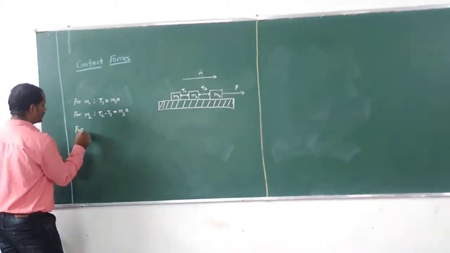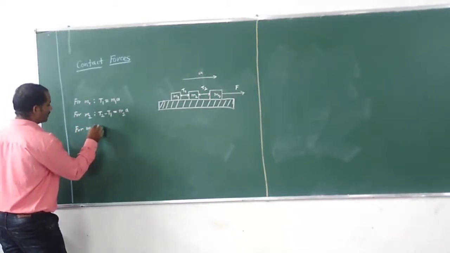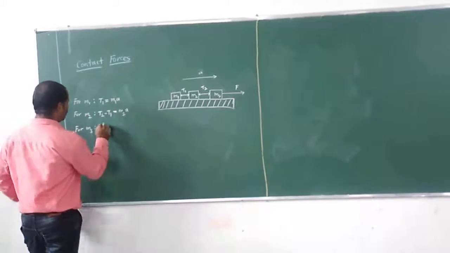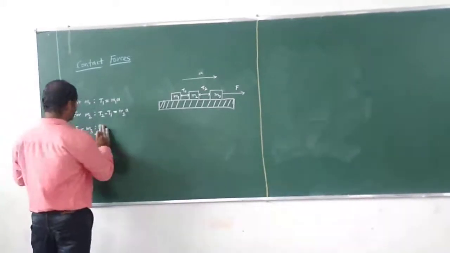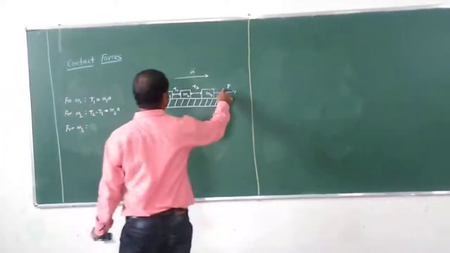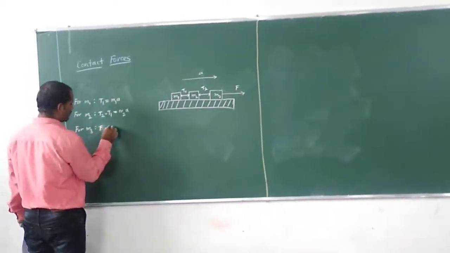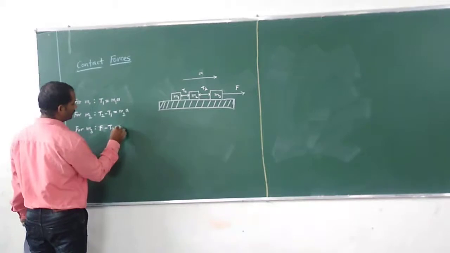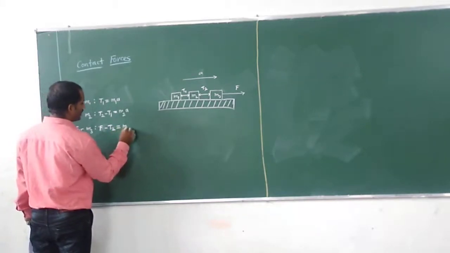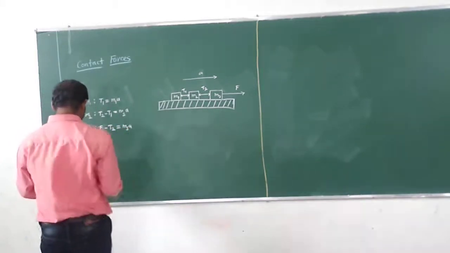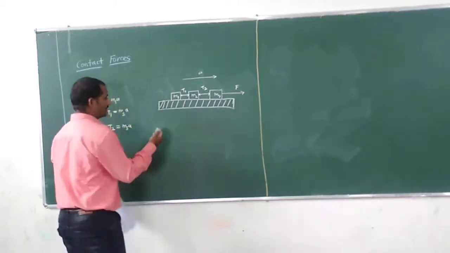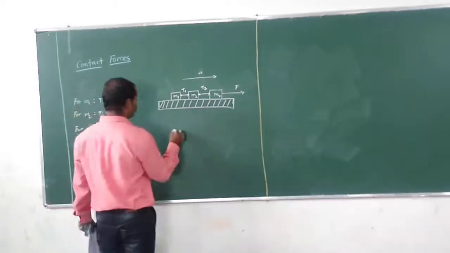Similarly for m3, तर m3 साठी फोर्स अप्लाय केलेला आहे, फोर्स मायनस T2. So F minus T2 is equal to m3a. तर या इक्वेशन वरून आपण याच्या आधी एक्सेलरेशन कॅल्क्युलेट केलंय.